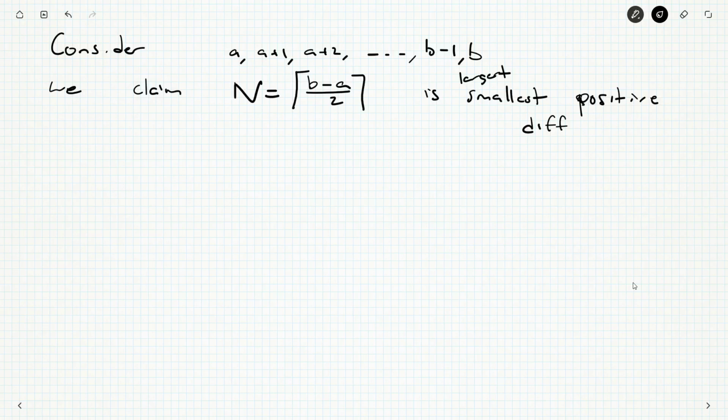So you might say something like, consider b minus n, who's in our list. And then, what now? Let's say this a little bit better. I don't want to have to do two cases where the difference between A and B is even or odd, so I'm trying to avoid that.